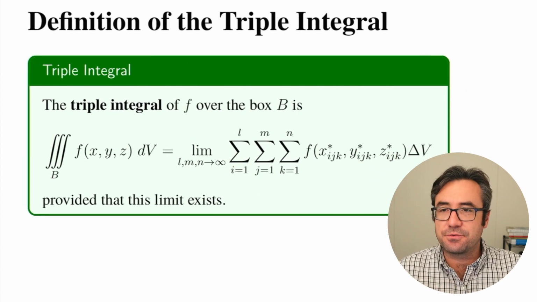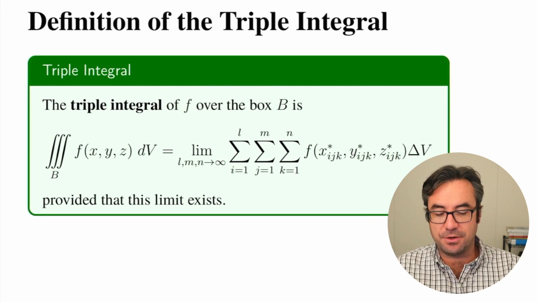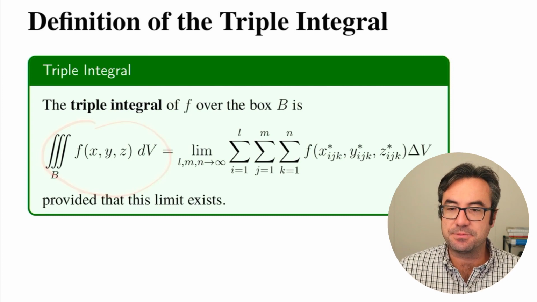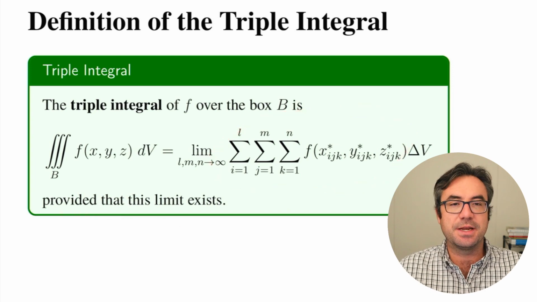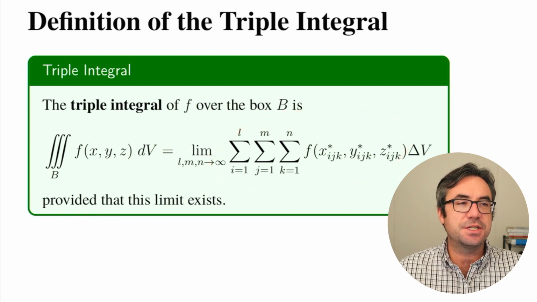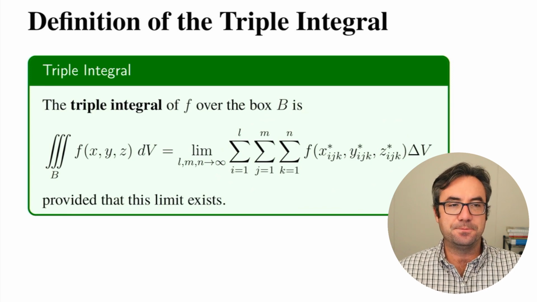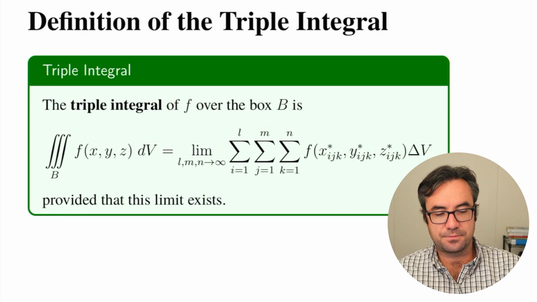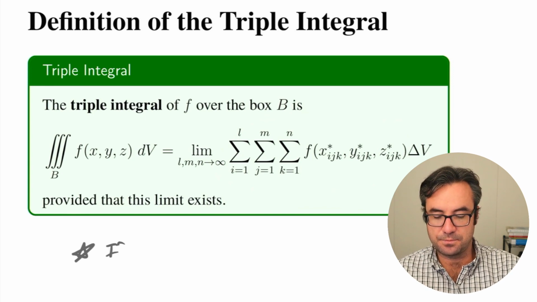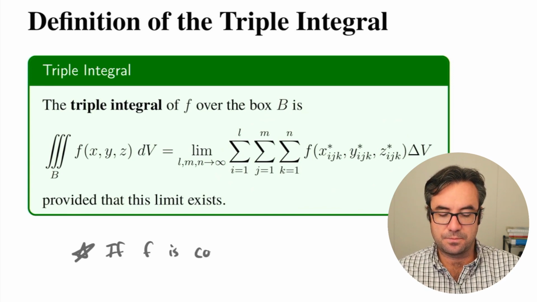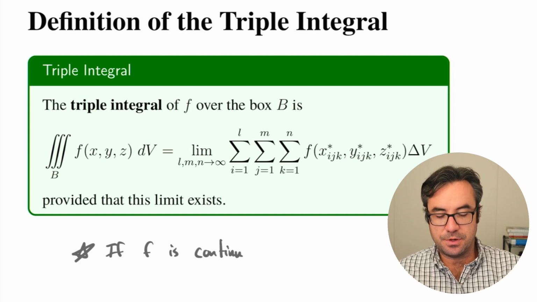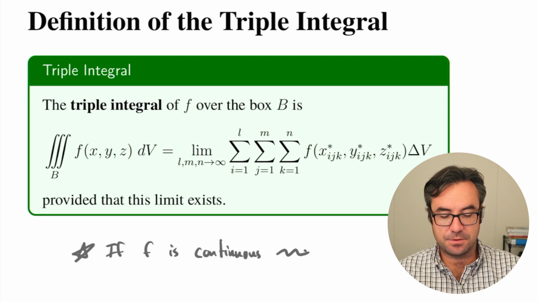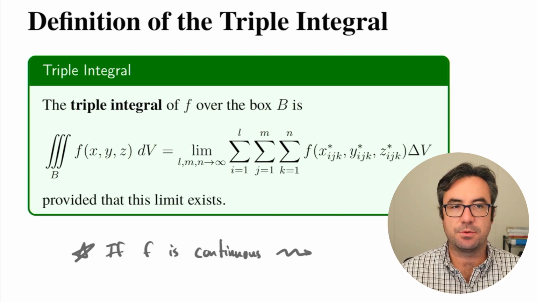So we have our definition for the triple integral. Over this rectangular box B, it's just this limit of our triple Riemann sum, provided that this limit exists. And if the function's continuous, then this limit does exist. So if our function's continuous, then we can do the triple integral.